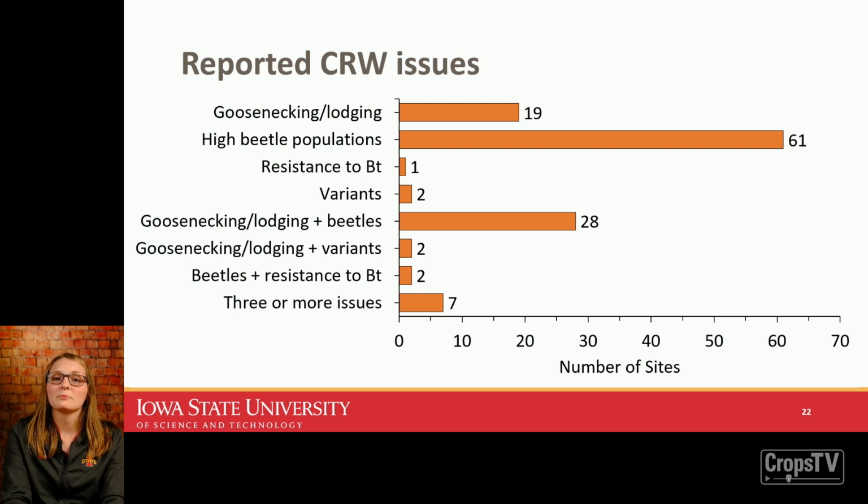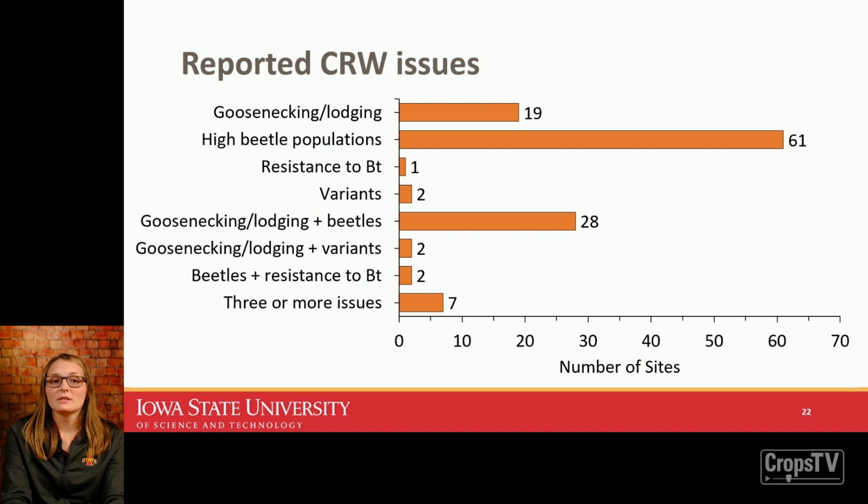But most of the people who reported having issues said that the issues they were experiencing were high beetle populations, or goosenecking or lodging, which occurs when the larvae are feeding on the roots and the root systems are weak and the plants fall over, or some combination of those two. So goosenecking and lodging, plus high beetle populations.